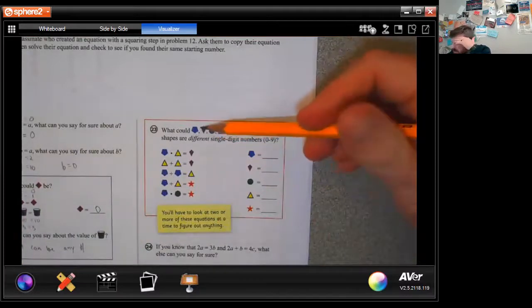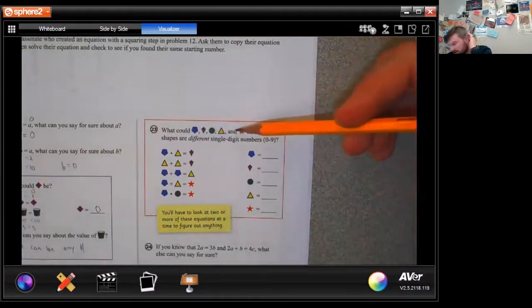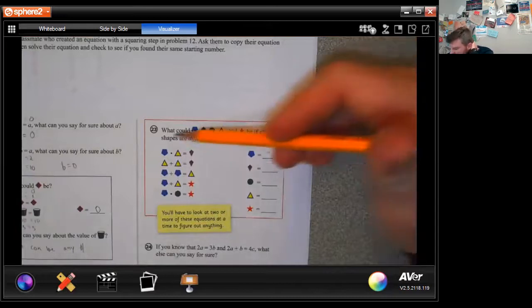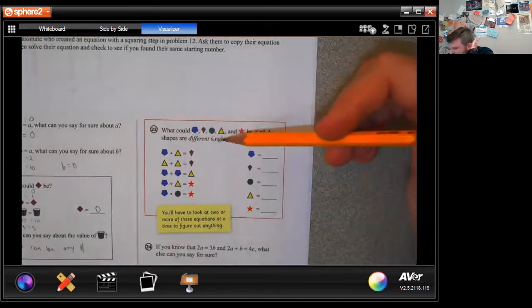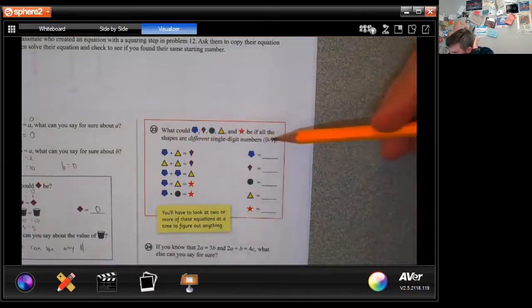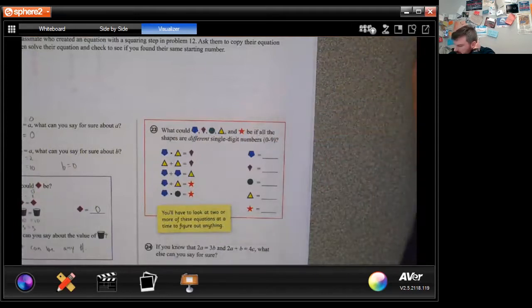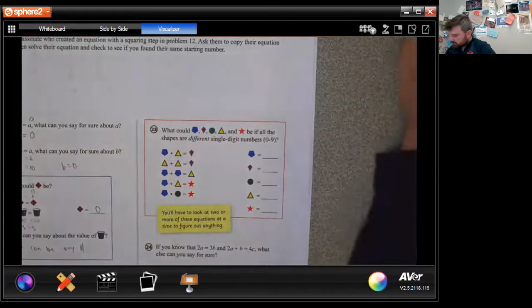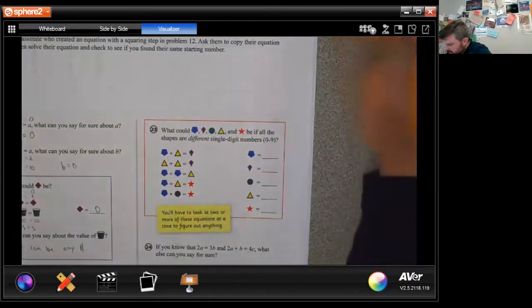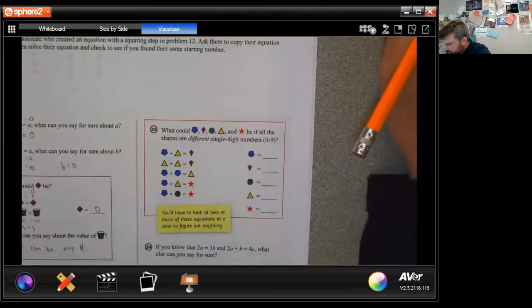Okay, what could pentagon, kite, circle, triangle, and star be if all the shapes are different single-digit numbers 0 through 9? Well, let's see here. It says we're going to have to look at a couple of them at a time.